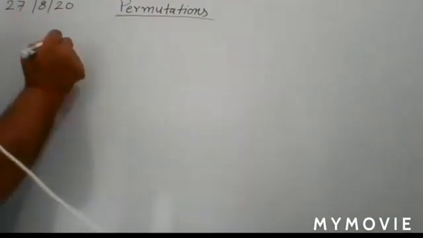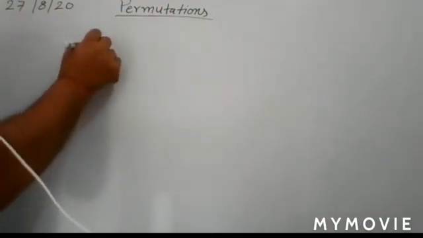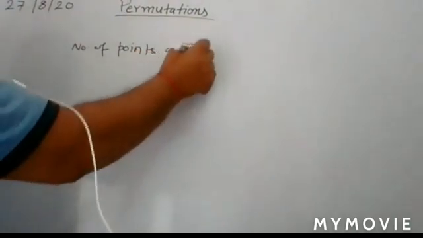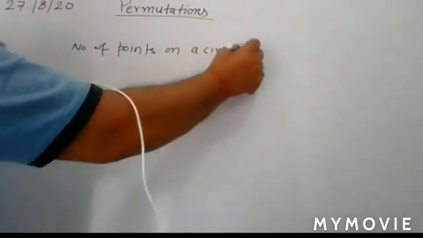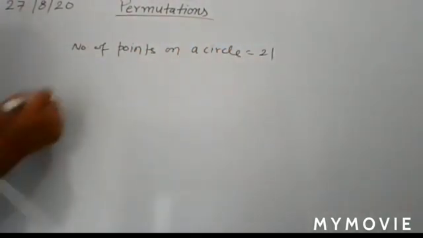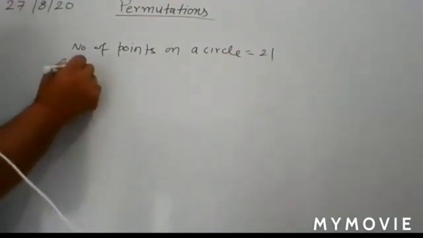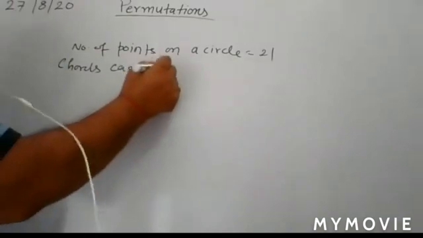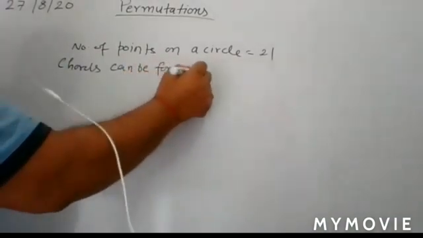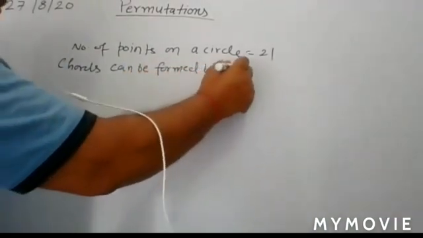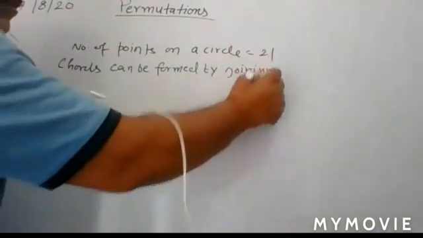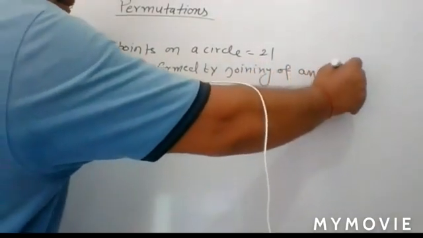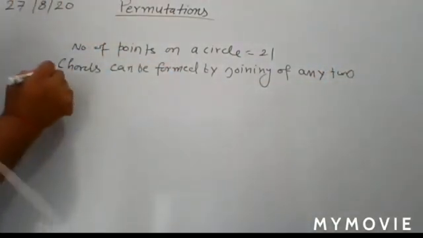So write: number of points on a circle is equal to 21, and chords can be formed by joining any 2 points.